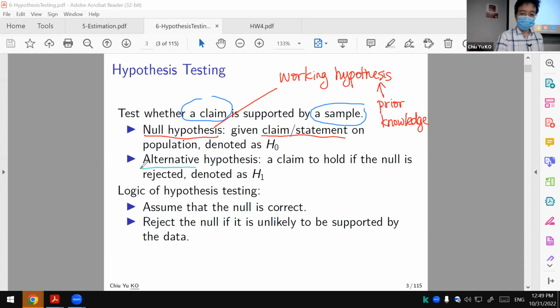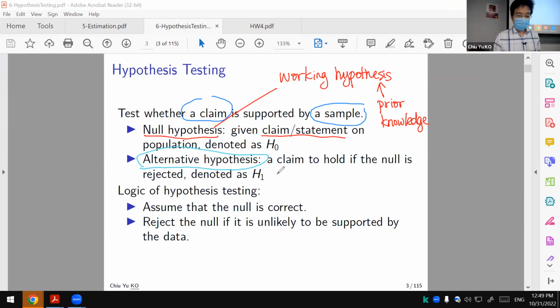Now the next is what we call the alternative hypothesis. That is something we would accept as the next null if the current null is gone. We are trying to see if the data supports this alternative claim.